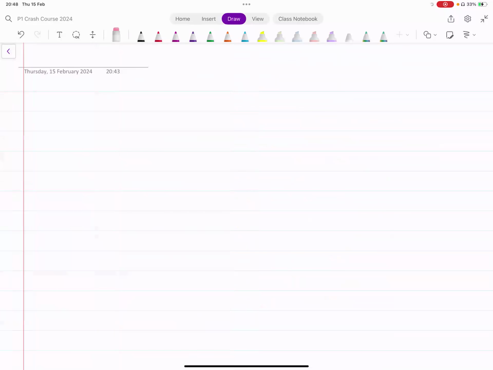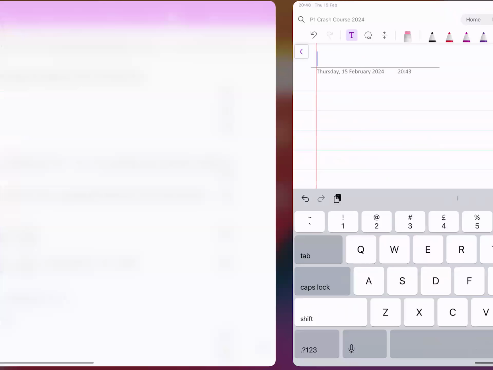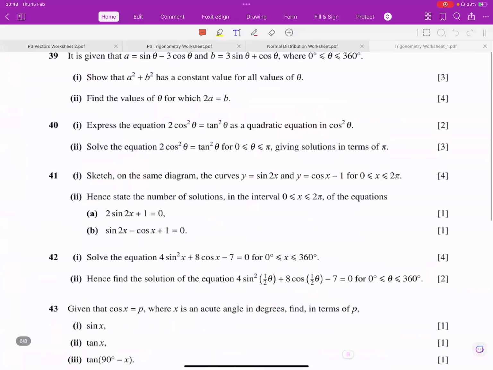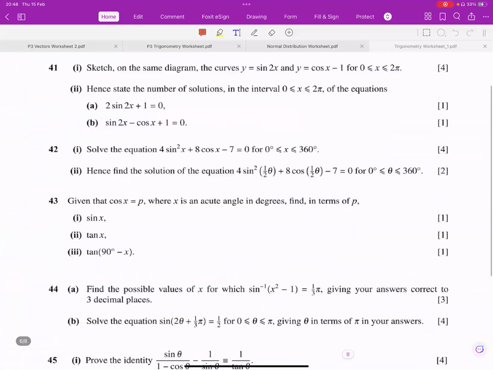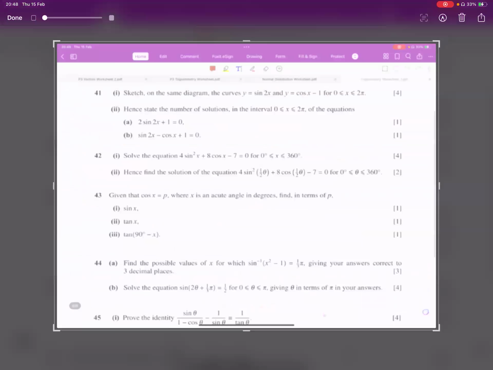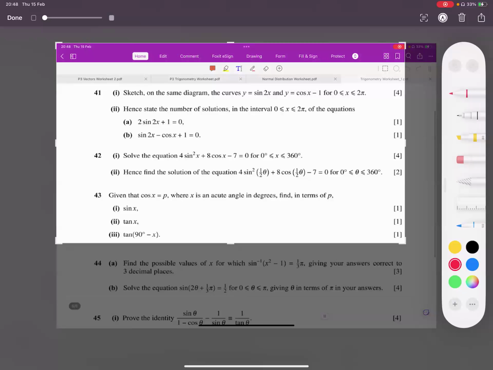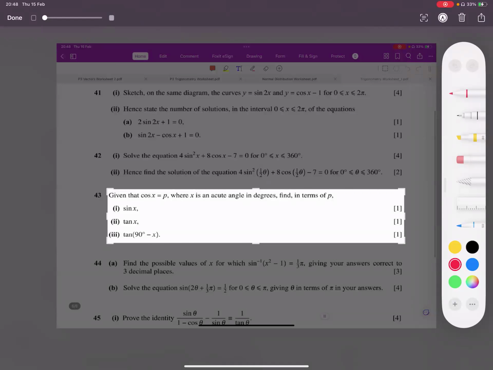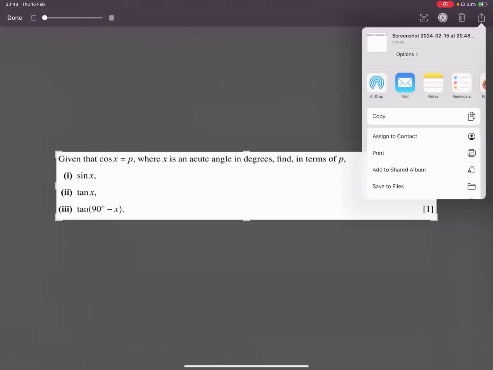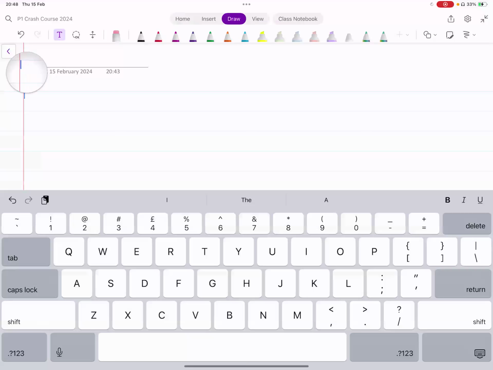Now today we want to do one new concept, and that is how to solve questions like these. For example, this is question number 43 from the worksheet. So sometimes what happens is in the question, they give you one function like sine, cos, or tan.